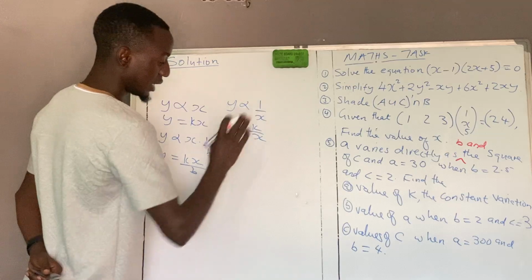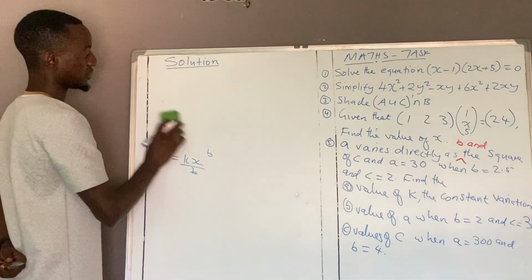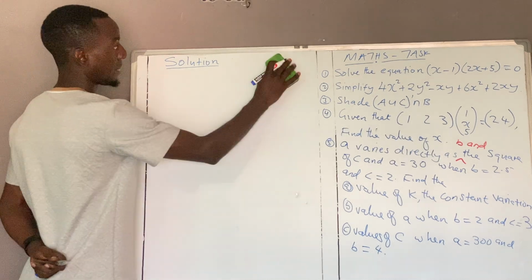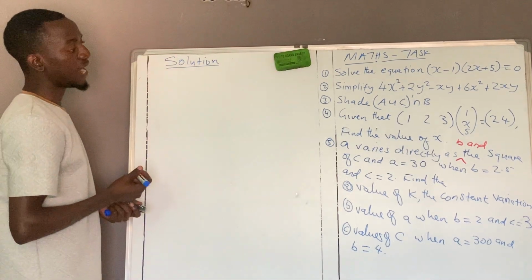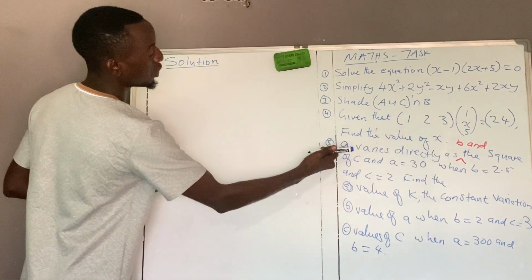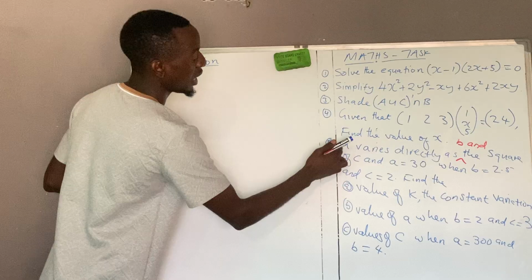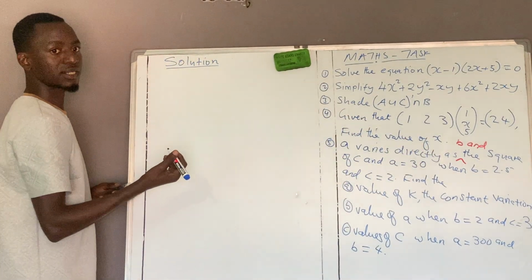So let's go to our question now. The question says A varies directly as B. So just this statement here. How do we write this?